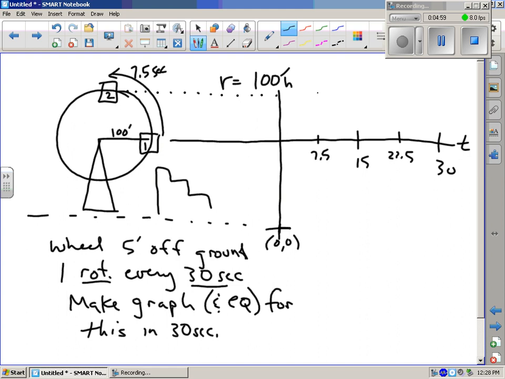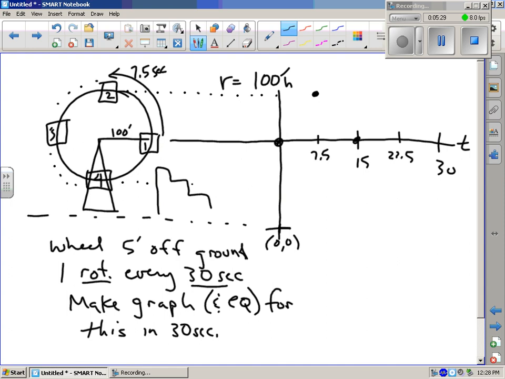So right now, at time 7.5, my height is there. At time 0, where you're just sitting in the bucket waiting, your height is here. But after 7.5 seconds, you've gone this high. So now I'm going to bucket number 3. I keep rotating around and I get to position number 3 here. Well, I've gone another 7.5 seconds and I'm back at this level. I keep going. I go down here. Now I'm at position 4.